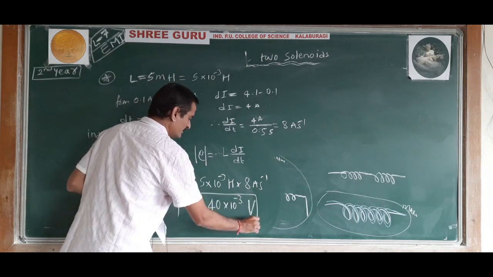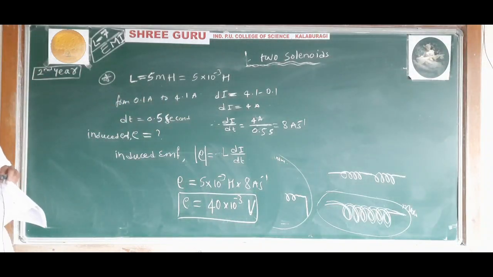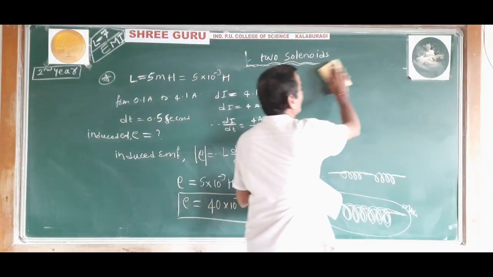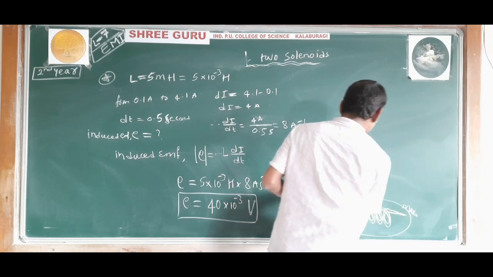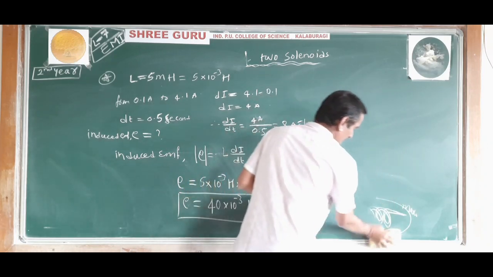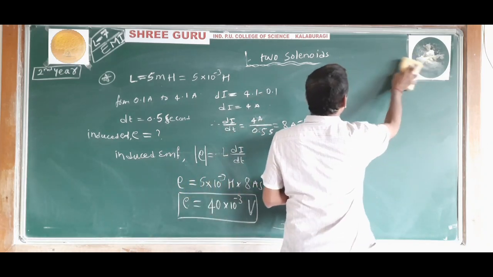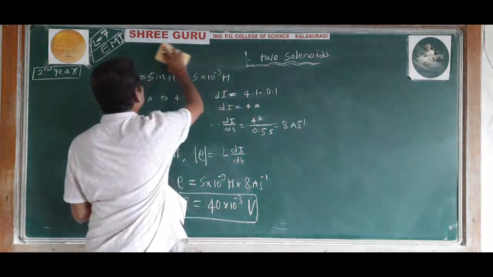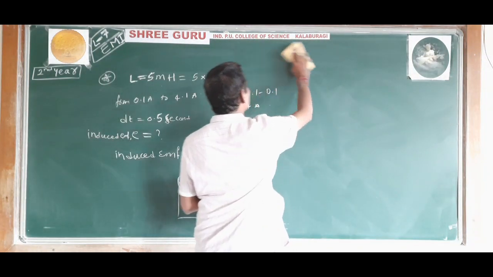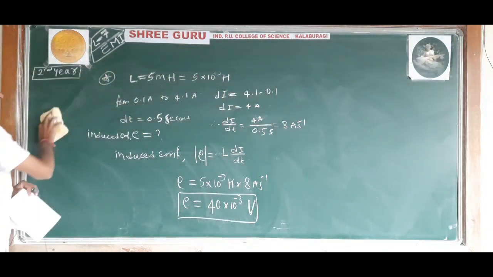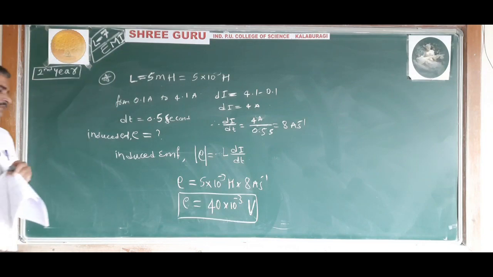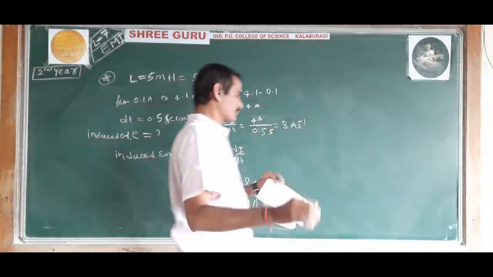So this is the induced EMF in the coil, in the self-inductor. That is 40 into 10 to the power minus 3 volt, that means 0.04 volt.